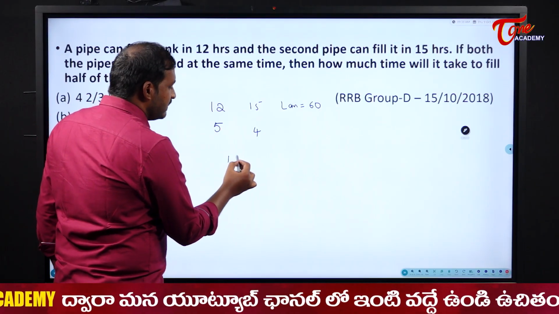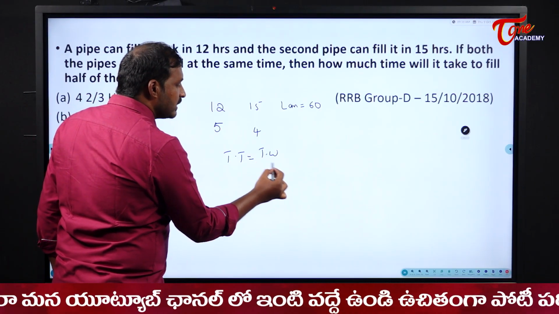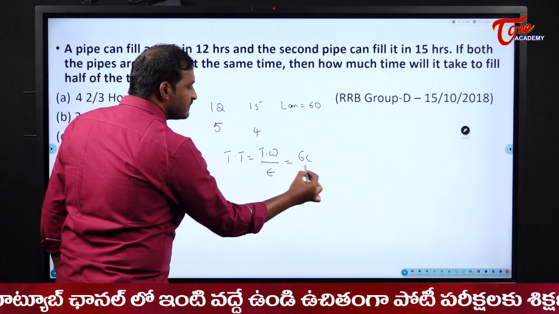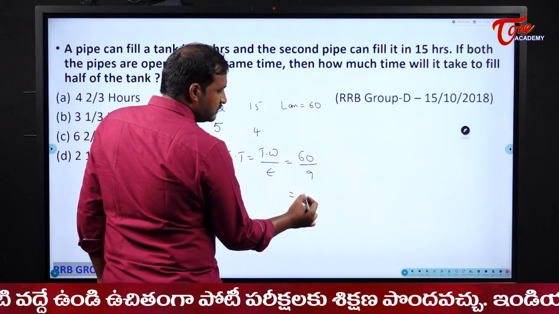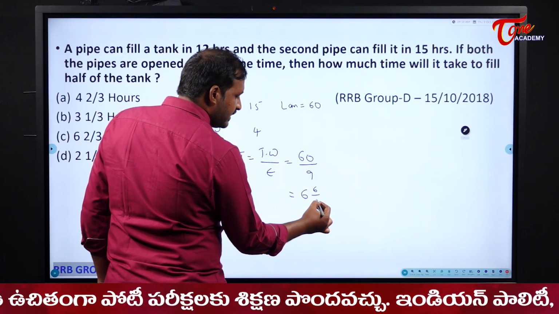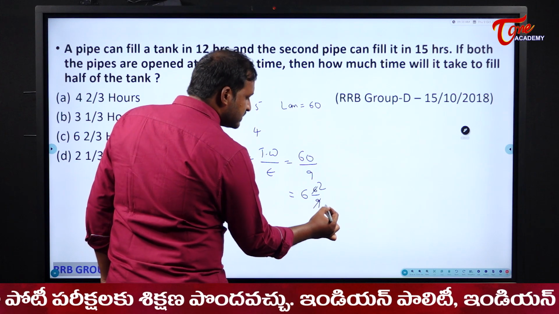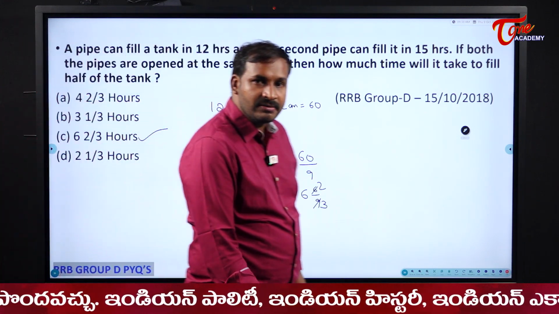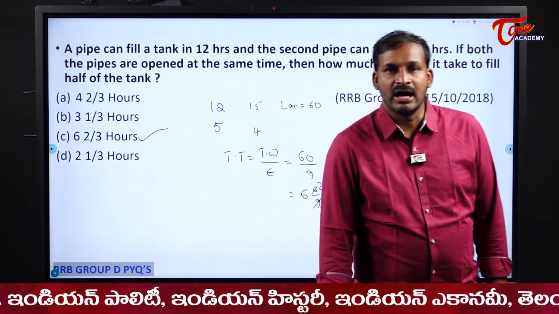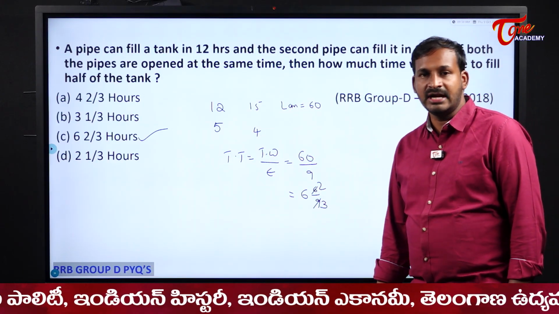So time taken is total work by combined efficiency, that is 60 by 5 plus 4, which is 9. So 60 by 9 becomes 6 2 by 3. Our answer here becomes 6 2 by 3 hours, right?